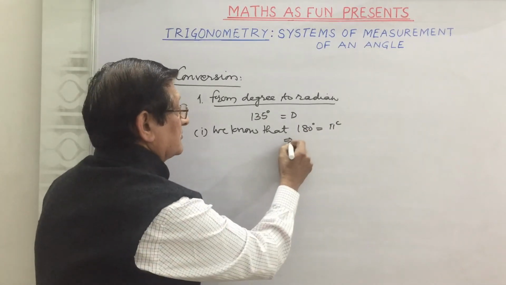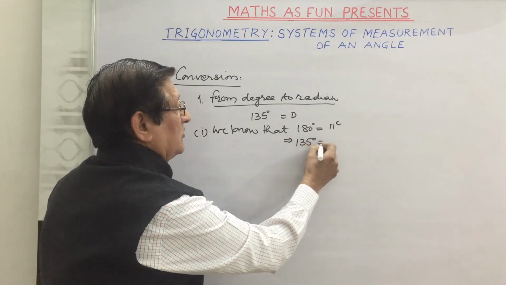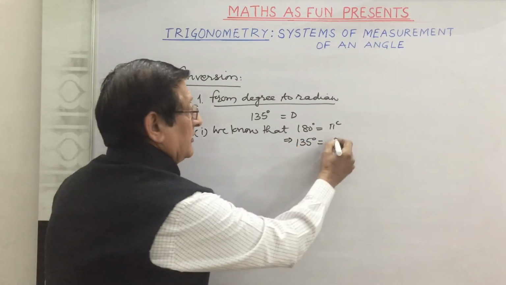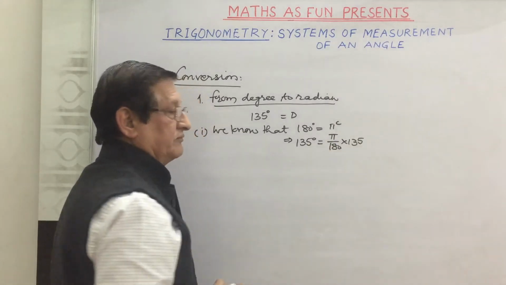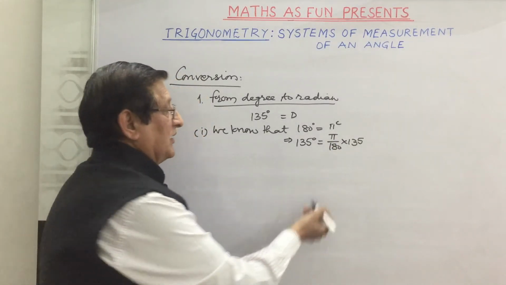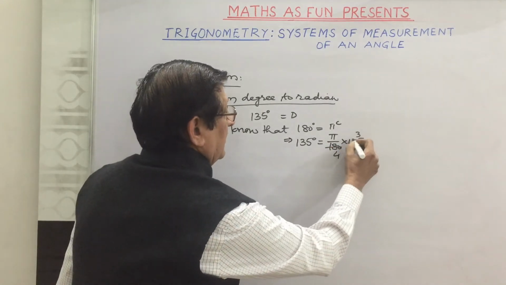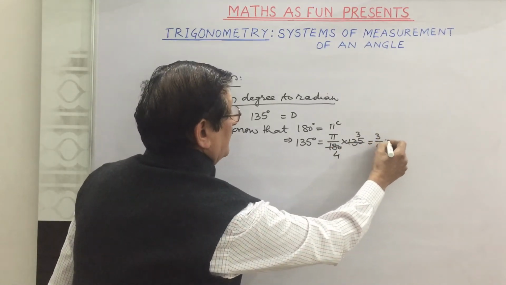It means 135 degrees, by the unitary method, will be pi upon 180 into 135. We cancel it by 45 and this comes as 3 upon 4 pi radians.